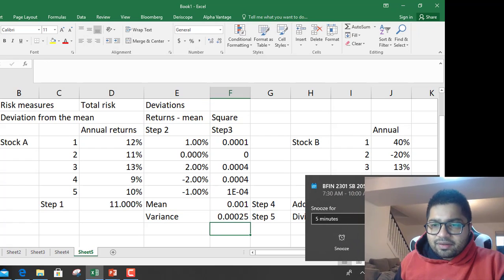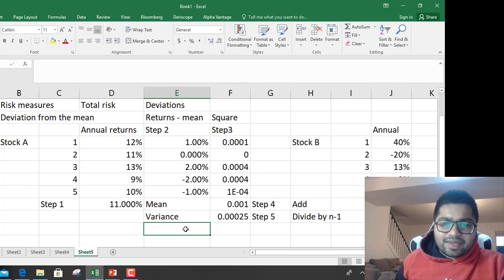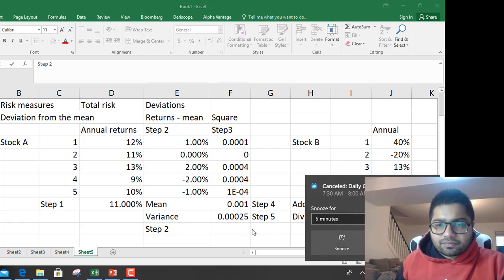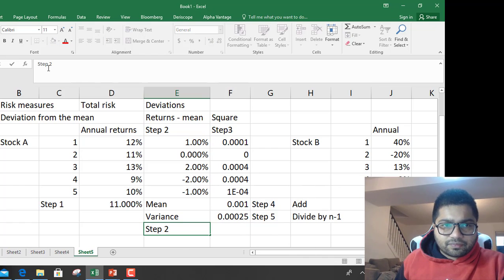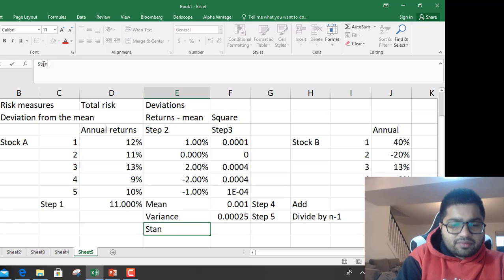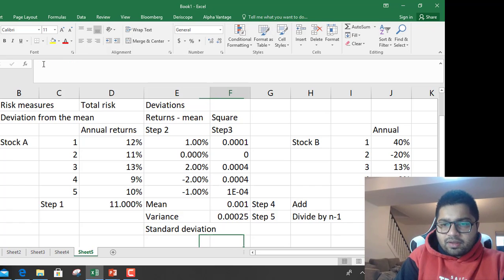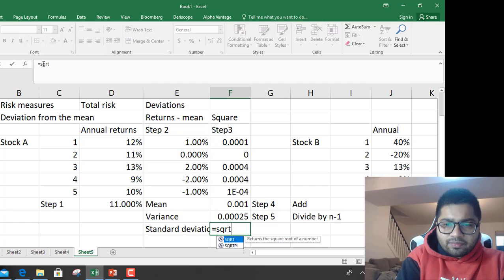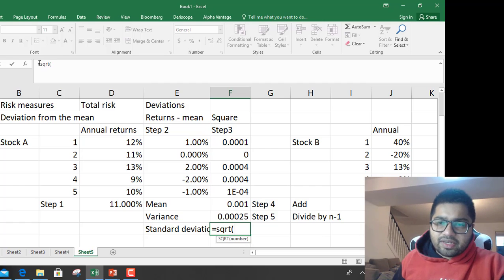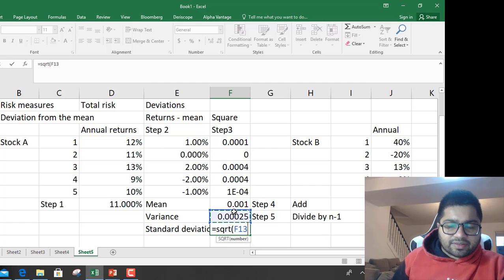So we calculated variance. The next step is to calculate standard deviation. How to calculate standard deviation? It is the square root, SQRT, of variance.